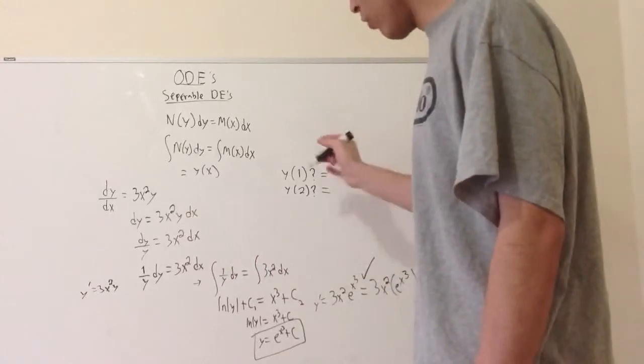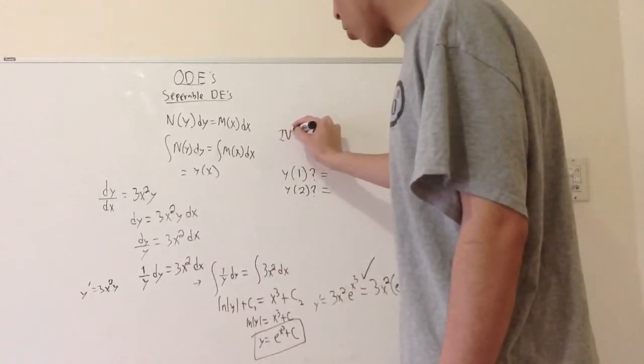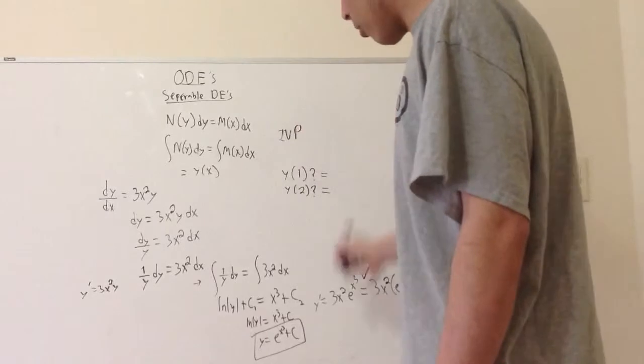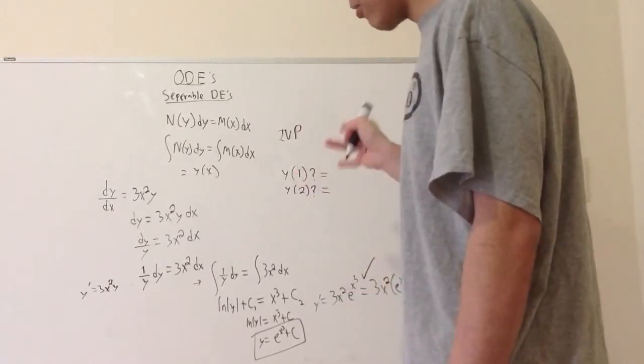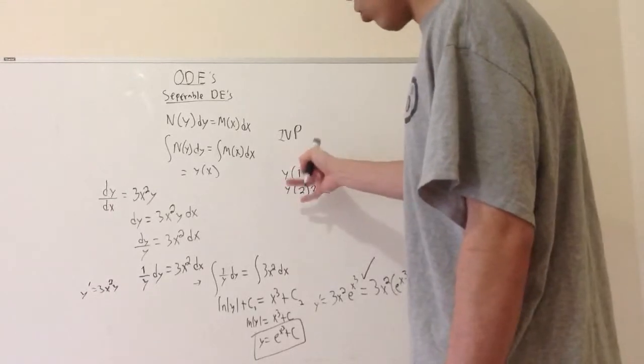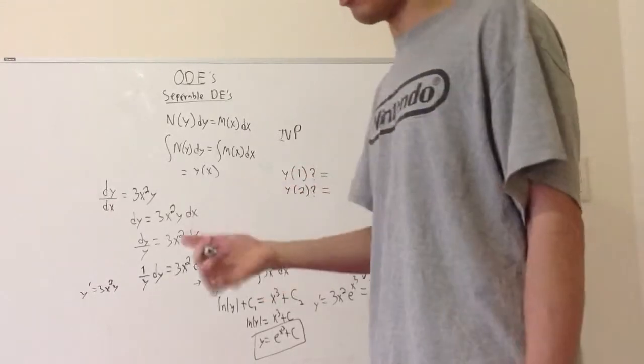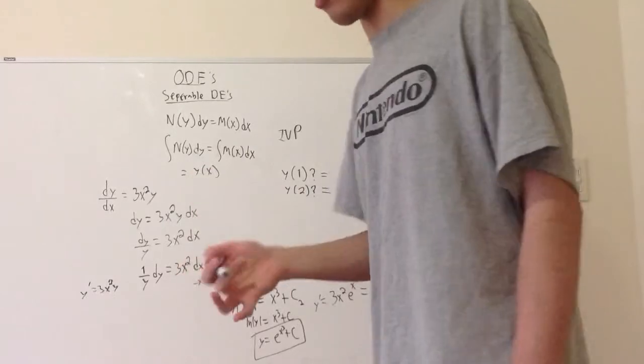And now for initial value problems. Remember this is a general solution, but what if we want to know what happens to the differential equation when x is equal to 1, x is equal to 2? We can plug that value in and see what's going on.